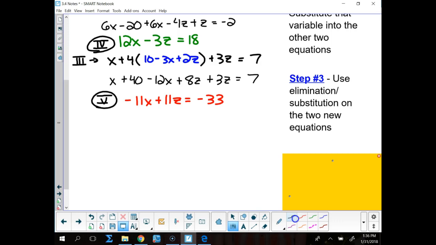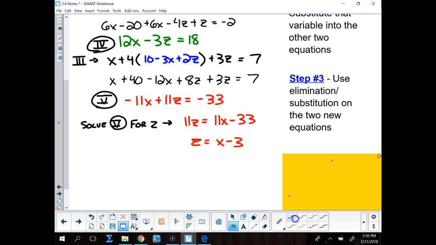What if I solve the red one for z? That's going to be 11z equals 11x minus 33. Z is going to equal x minus 3.